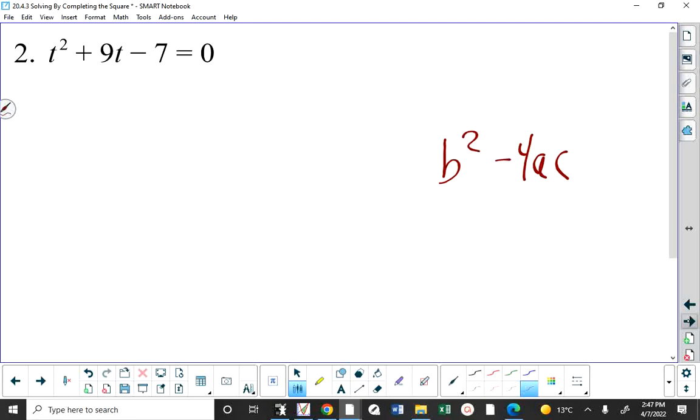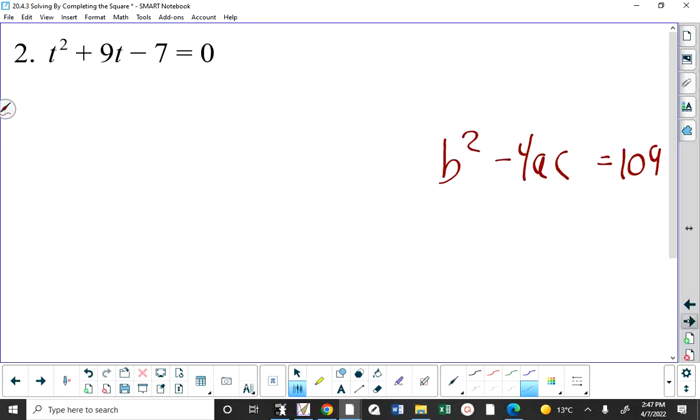I want to say 109. So 109 is not a perfect square, but it is a positive number, which means there are going to be two solutions. They're just not going to be rational.